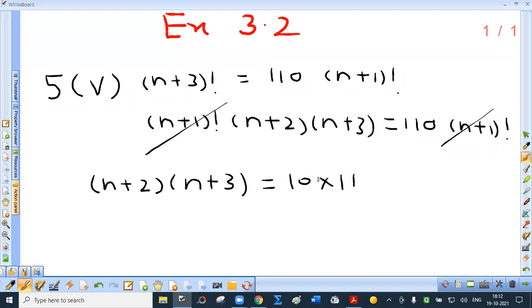Do not write this as 11 into 10 because 10 comes before 11, right? So n plus 2 into n plus 3 is 10 into 11.